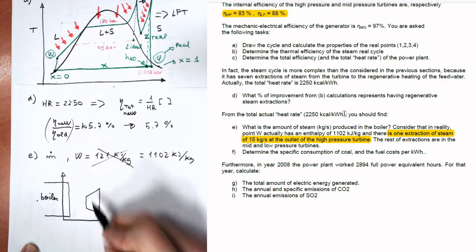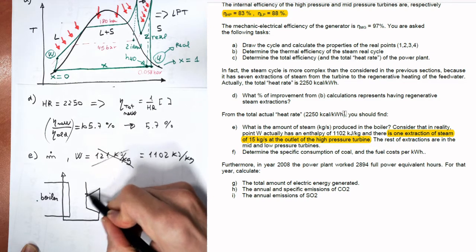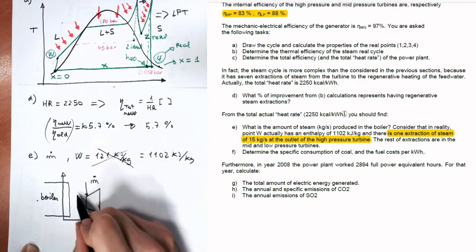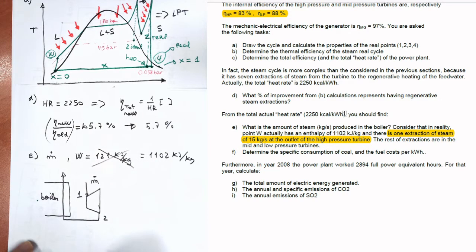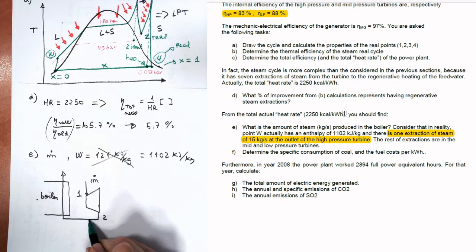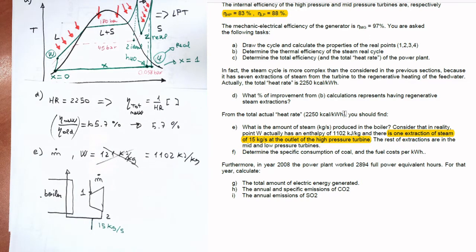This is the entrance. We have a mass flow here. This is point number 1. Now we are taking some steam here. We take it out, 15 kilos per second. Now our line below will change a bit. Here we have the condenser.